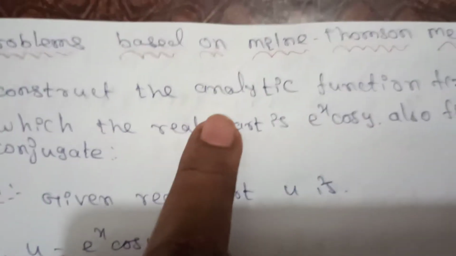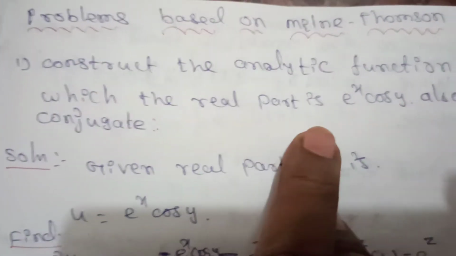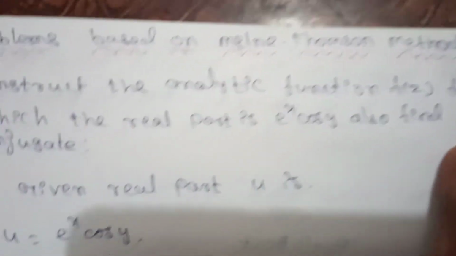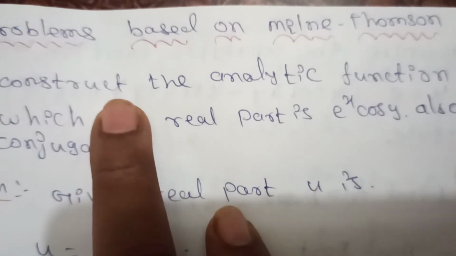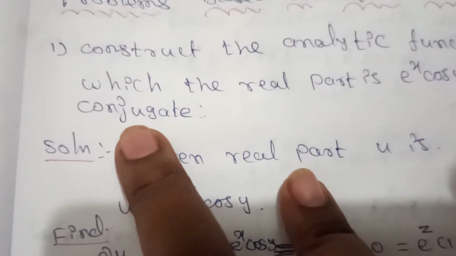Construct the analytic function f of z for which the real part is e power of x into cos y, and also find the conjugate. Actually, in this problem there are two conditions. First you want to find f of z, and second, find the conjugate.